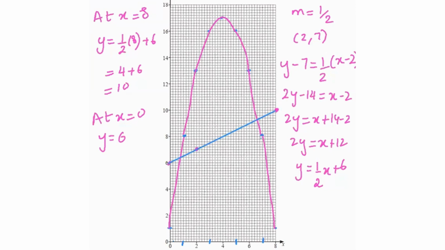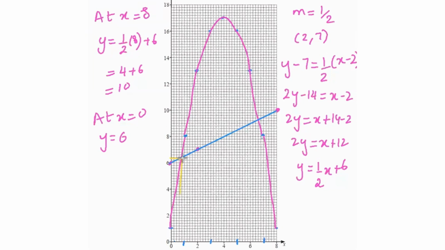And now probably we have to find the intersection points where they're intersecting. So based on my calculation, they're intersecting here and over here.